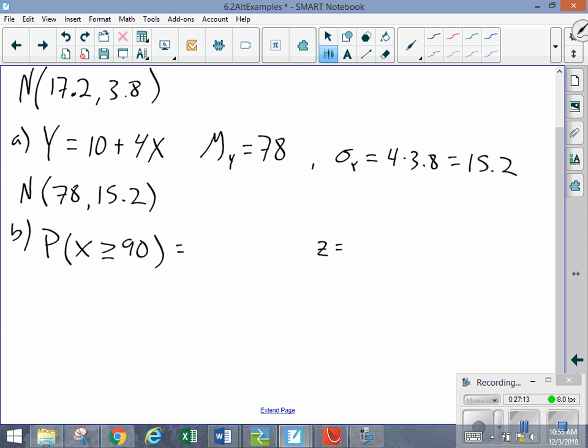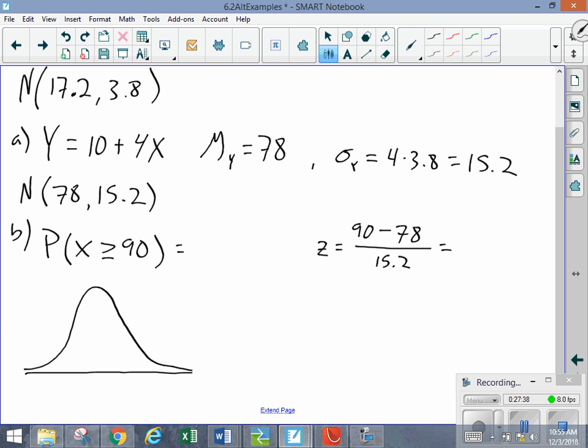So that's going to be x minus mu divided by sigma. We'll calculate the standardized value, and also talk about what this looks like in terms of our normal curve.